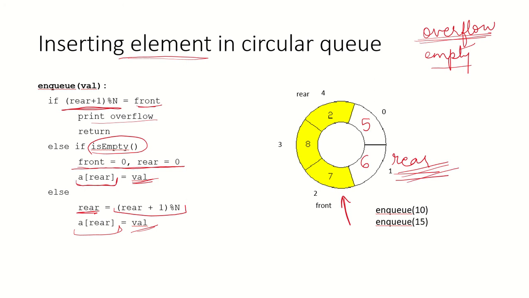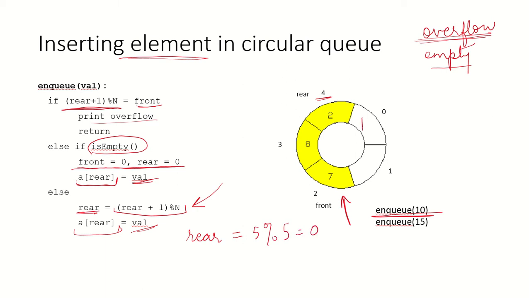So if we do an NQ 10, since currently we already have elements in this queue, we will come to this particular part of the code. Rear would be equal to rear plus 1, which is 4 plus 1 modulus n, so 5 modulus 5, which is 0.